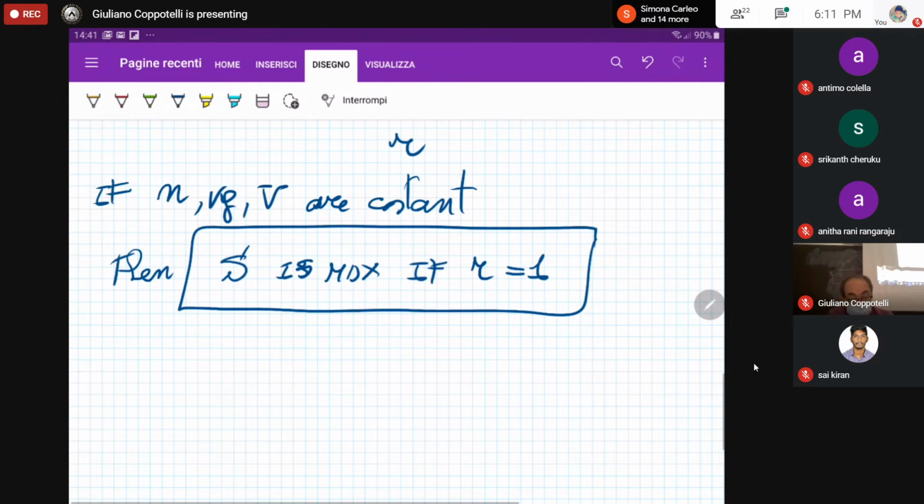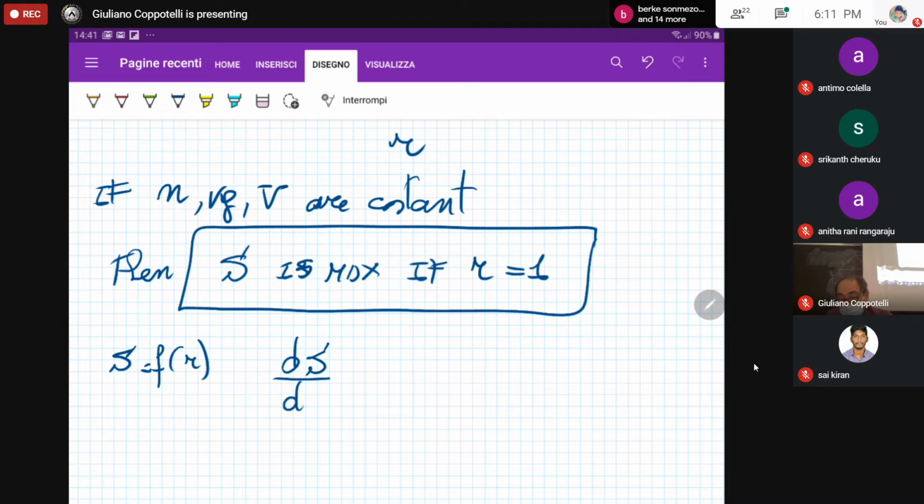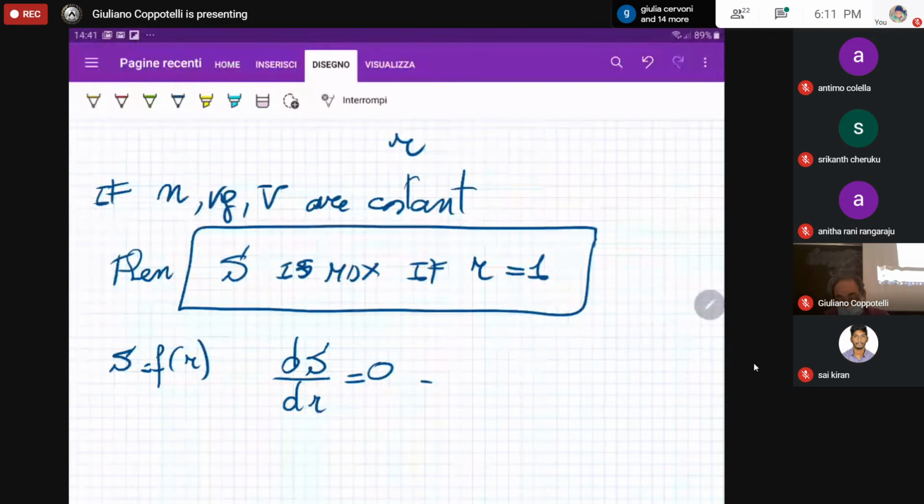Indeed, if we consider the sensitivity S as a function of the ratio R, then you can easily see by yourself that the condition for which the derivative of the sensitivity with respect to R is 0, that is local minima or maxima, is met when R is equal to 1.